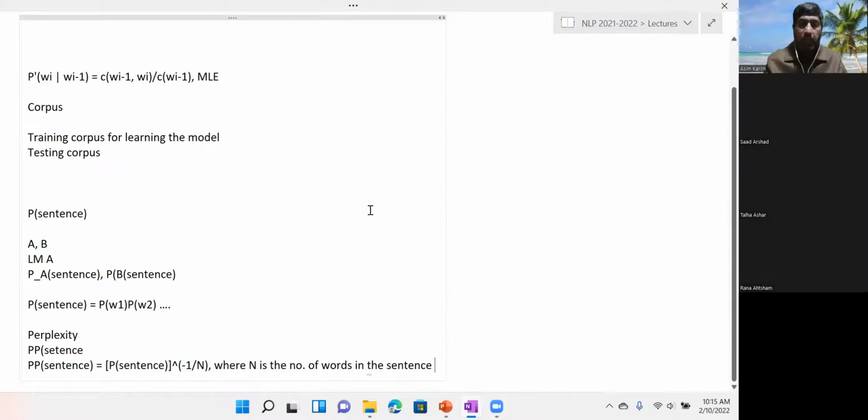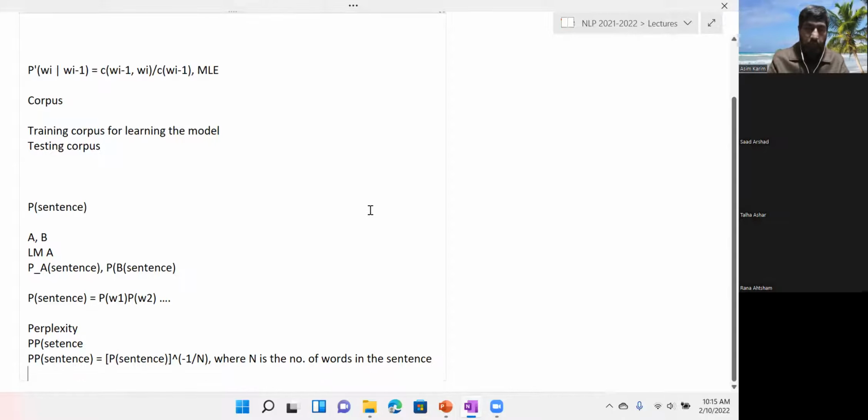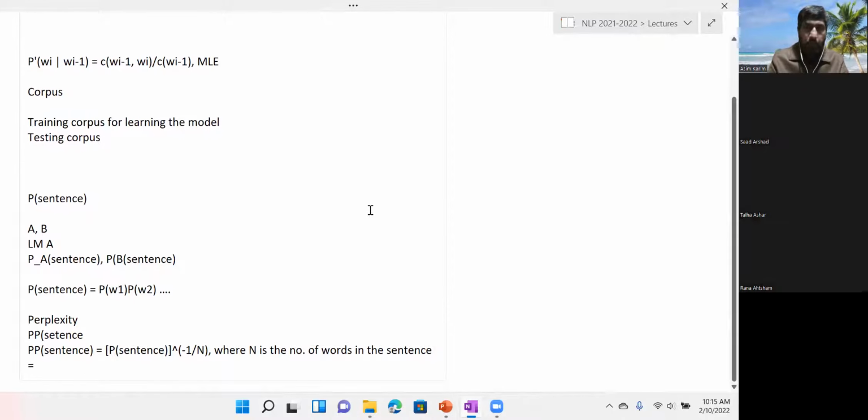So raised to the power of minus 1 over n. The 1 over n is taking the nth root, and the minus means that it is the inverse. So you can, in fact, write this as 1 divided by P of the sentence, raised to the power of 1 divided by n.